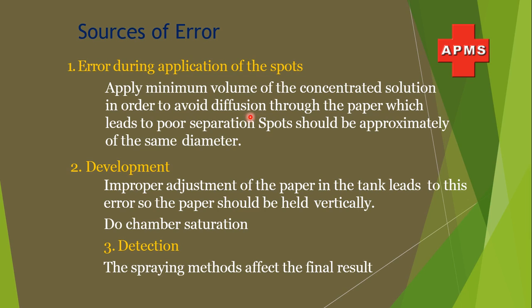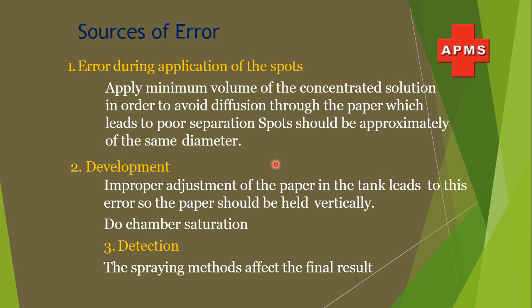It spreads due to diffusion and not by actual interaction with the stationary phase. So interaction with the stationary phase as well as diffusion with the solvent both work simultaneously, so the result will not be good. In diffusion, the stationary phase's role will be lesser or it will have no role.